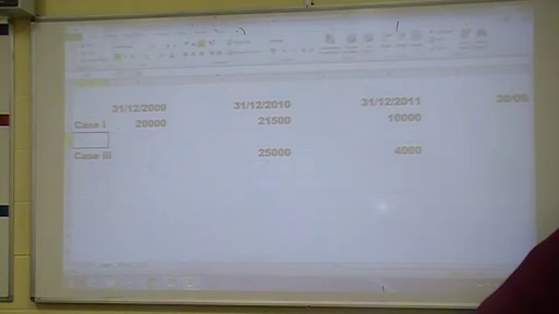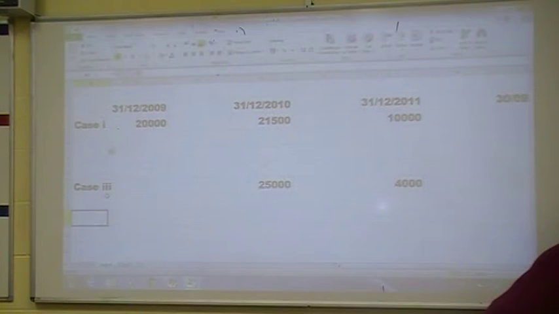And just leave little lines in between them so we can put our figures through in them. Case 5. 4,000, we have a loss of 1,500, 5,000, 5,000.